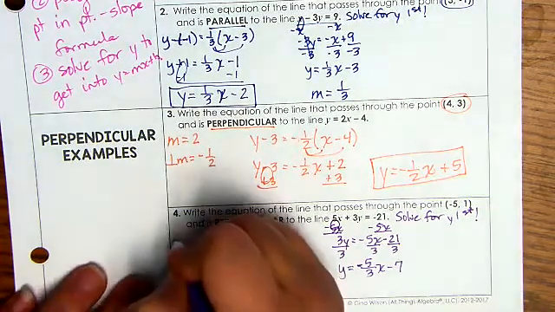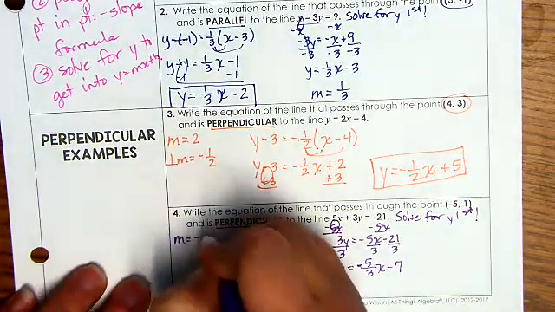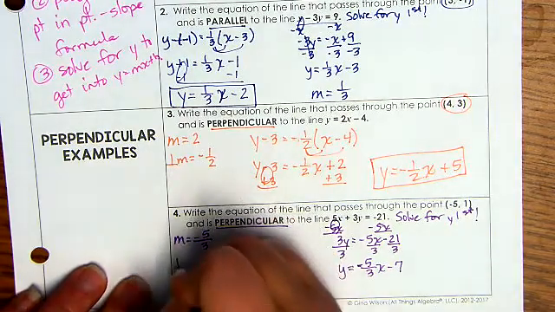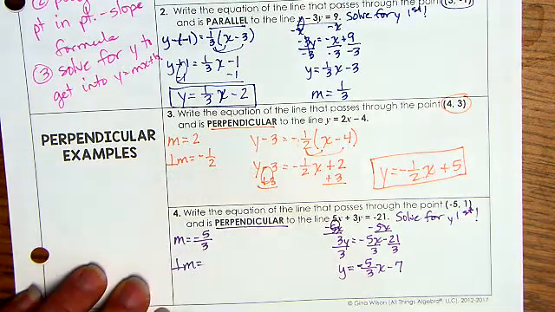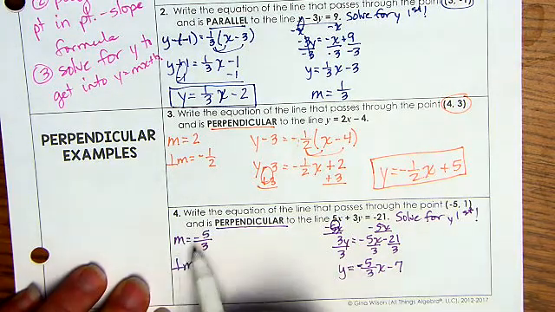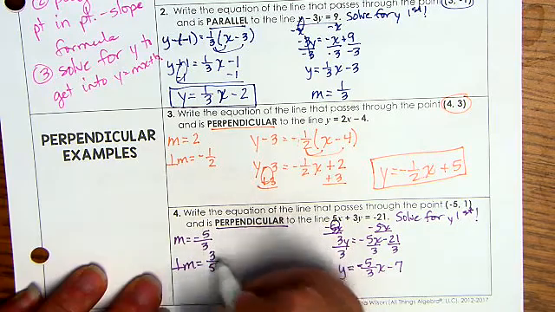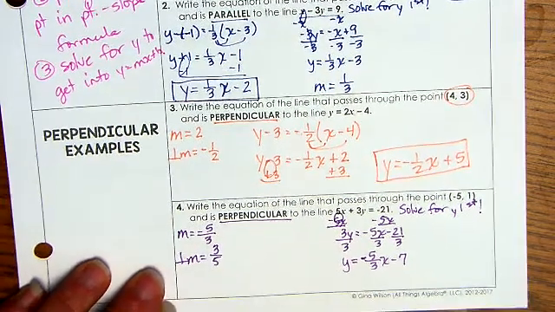Now I can pull out the original slope and find my perpendicular slope. Since this is -5/3 originally, I flip it and make it positive. So it's going to become 3/5. This is the slope that I'm going to use.